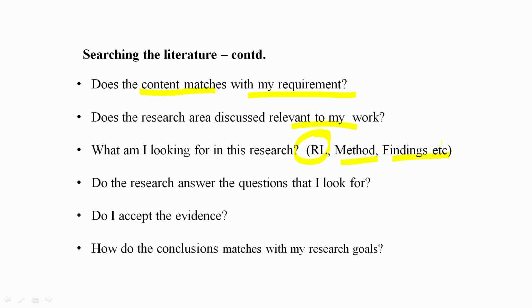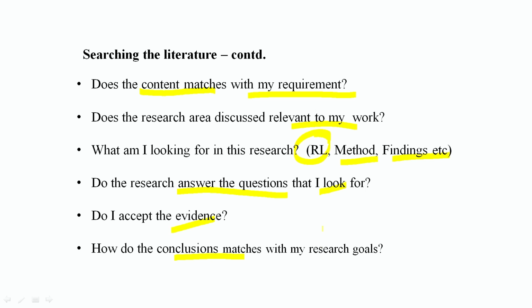And next, whether this research addresses the questions that the researcher is looking at, and can we accept the evidence, because this is also a question. Then the conclusions drawn by other researchers, whether that helps me to set my research goal.